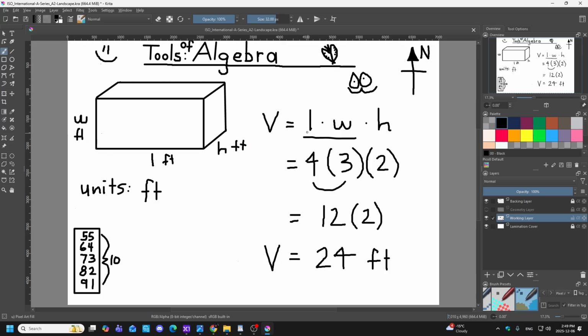Take note, we're multiplying 3 variables and working with 3 dimensions now. Feet times feet times feet gives us feet cubed.